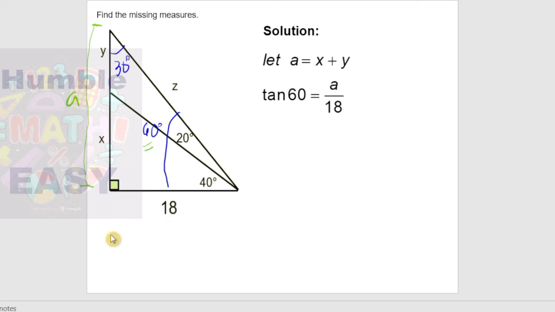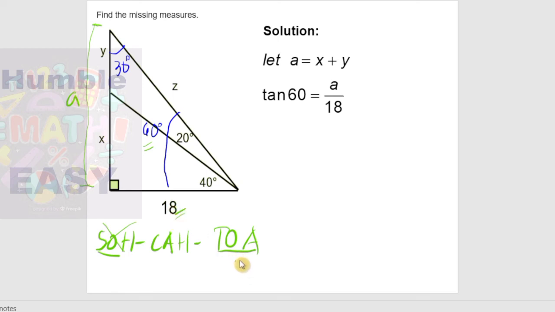So among the SOHCAHTOA, the a here is the opposite, and the given is 18, so this is adjacent. If we use the sine, it should be the hypotenuse, so I may not use that one. Instead, I made use of the TOA, because the given that I have used is 18.